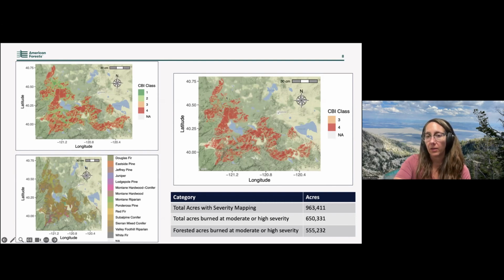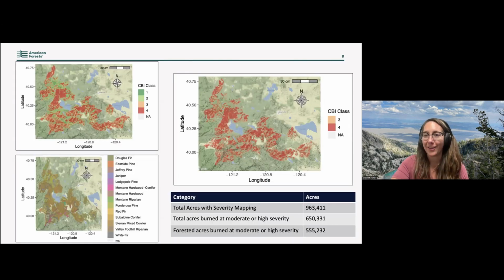So if you look at this map on the right-hand side, we're looking at those areas where we had moderate or high severity and we had a conifer or hardwood forest type based on those WER type models. So this is essentially collectively whittling down the amount of area that we're going to look into, right? We have acres with severity mapping, we have acres that burned at moderate or high severity, and then we whittle that down further to forested acres that burned at moderate or high severity.